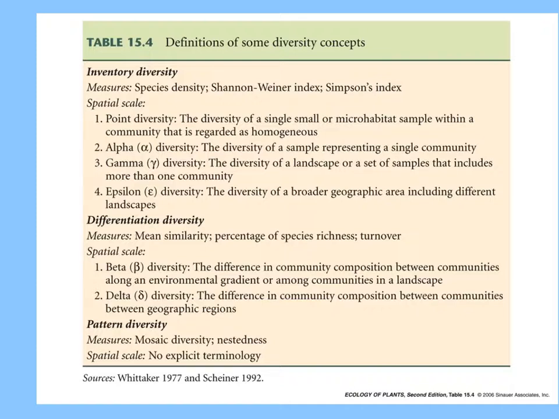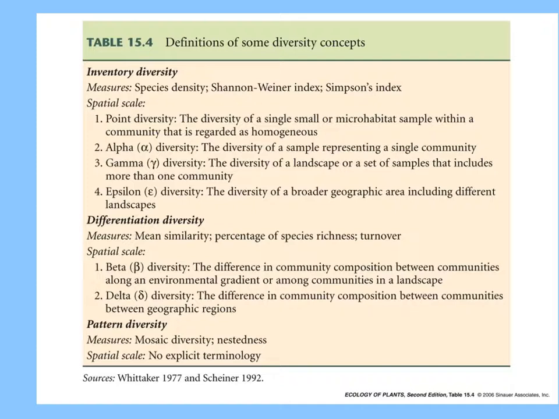So we can look at diversity on a number of scales. In one microhabitat that's homogeneous, we refer to that as point diversity. Alpha diversity is diversity within a single community. Gamma is over the landscape. And we've talked before about beta diversity, and that's how one community differs from another, or what is species turnover.